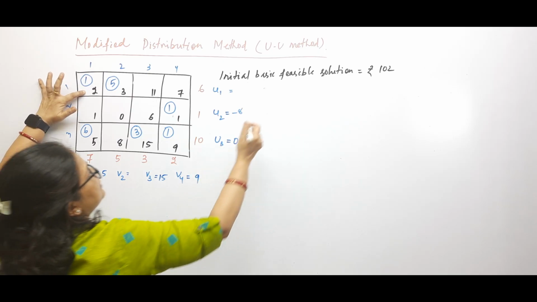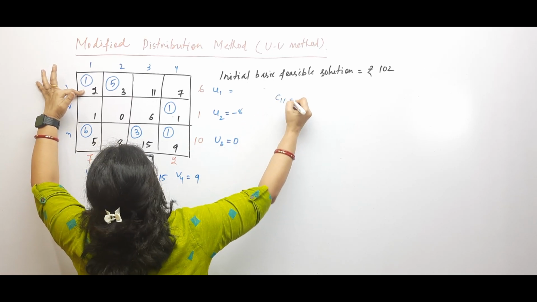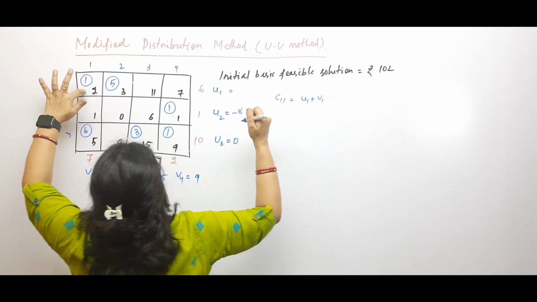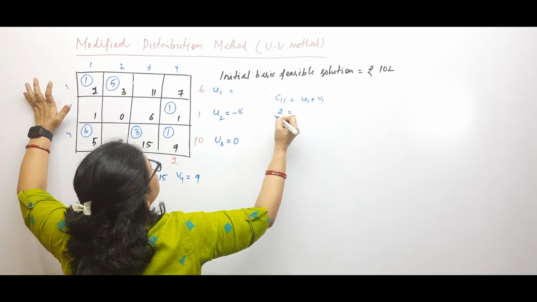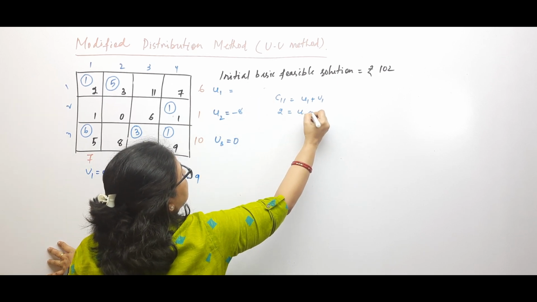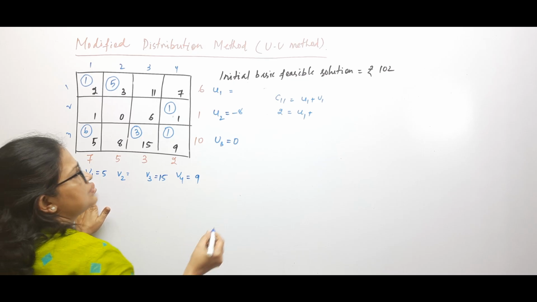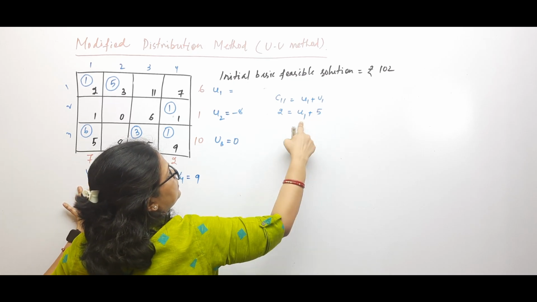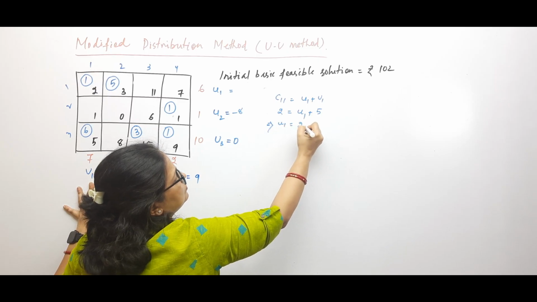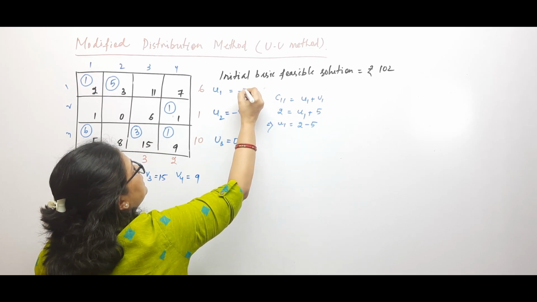So C11 equal to U1 plus V1. C11 is nothing but 2. 2 equal to U1, because U1 we do not know, and V1 is 5. So U1 equal to 2 minus 5, that is minus 3.